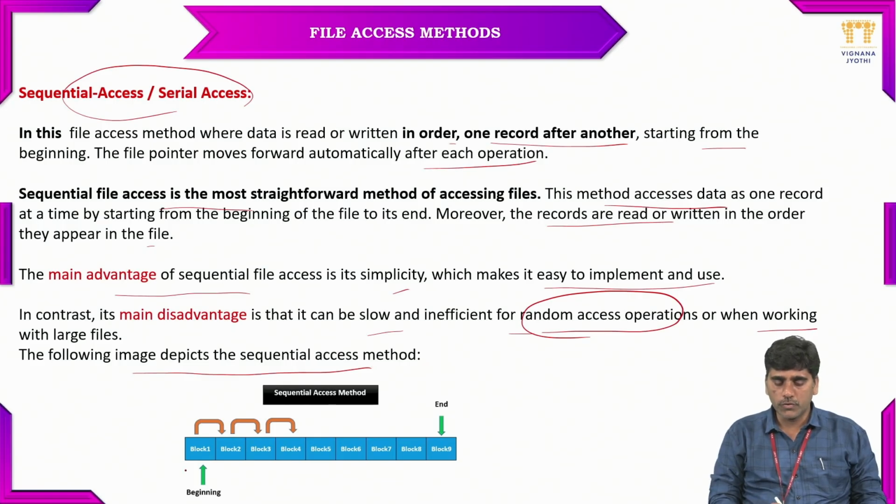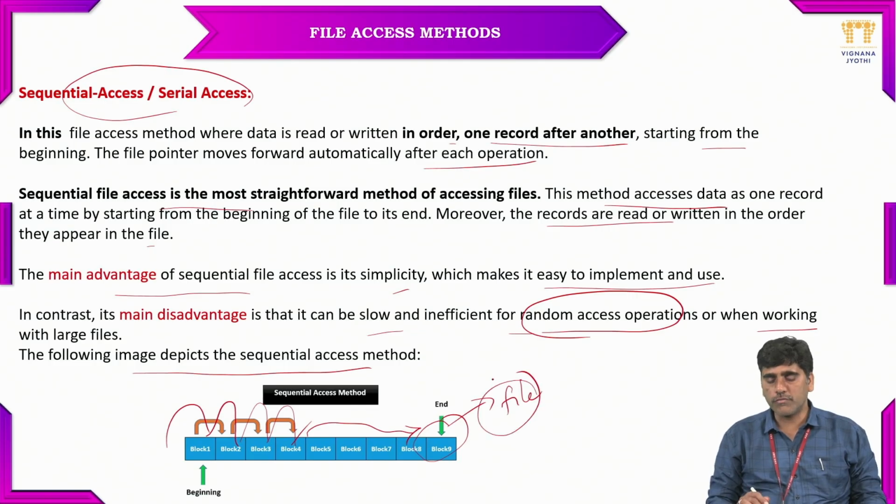If the file is in this folder, we access it from the beginning: go to the first folder, second folder, third folder, fourth folder, and so on. The file is located in some folder, and we have to move till that folder and access the particular file. This is sequential or serial access.